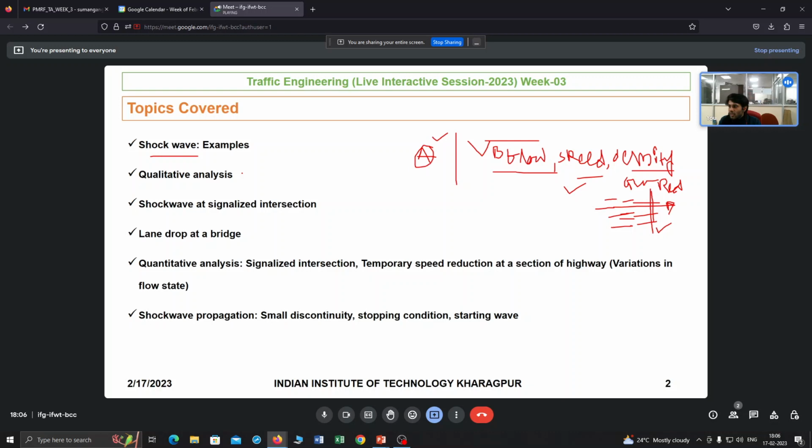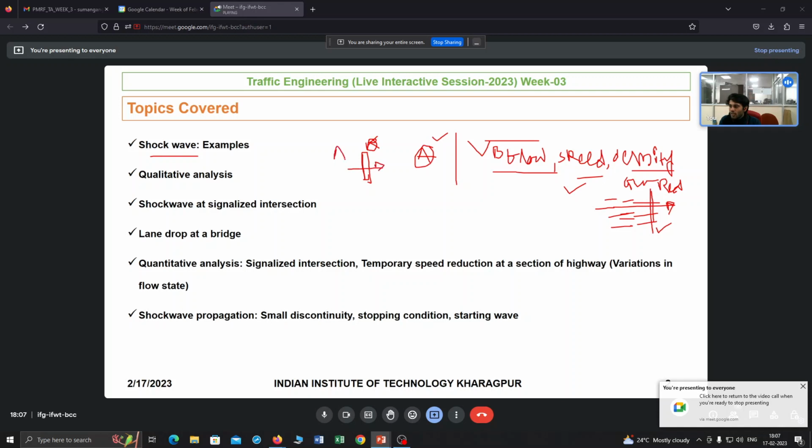Let's take an example of a signalized intersection. How many kinds of shock wave can be created? Suppose this is a red signal, as I have told, and now green. Suppose this flow state is A; flow state means flow, speed, density.